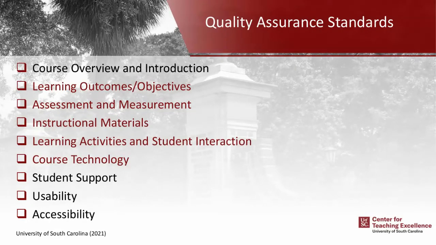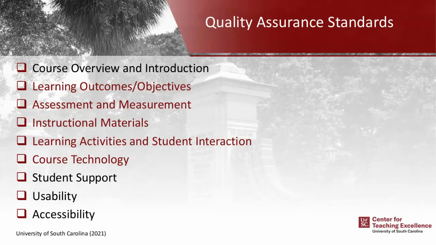So 5 critical components, which are colored here: learning outcome objectives, assessment and measurement, instructional materials, learning activities and student interaction, and course technology all work together to ensure that students achieve the desired learning outcomes and objectives.